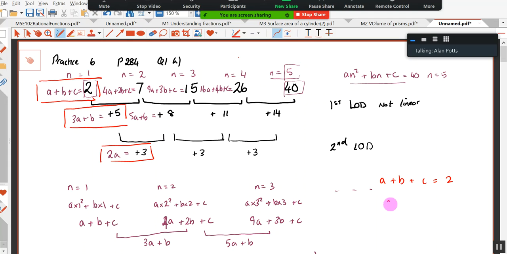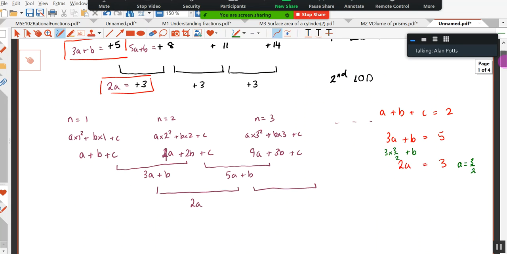I can say 3a plus b equals 5. And I can say 2a equals 3. So I can use those equations one at a time, and in this case, a must equal 3 divided by 2. So a is here, so I've got 3 times 3 over 2 plus b equals 5.